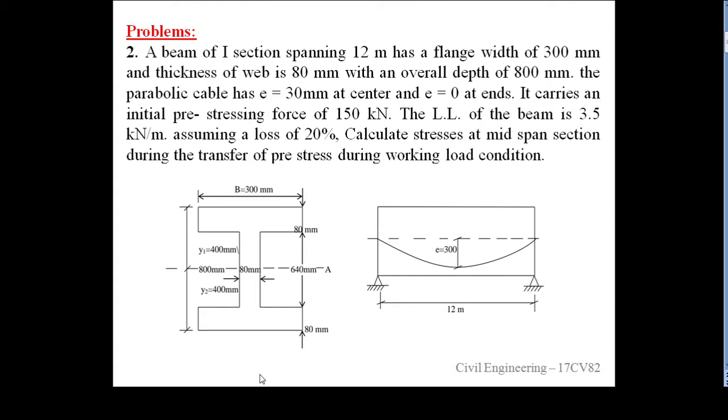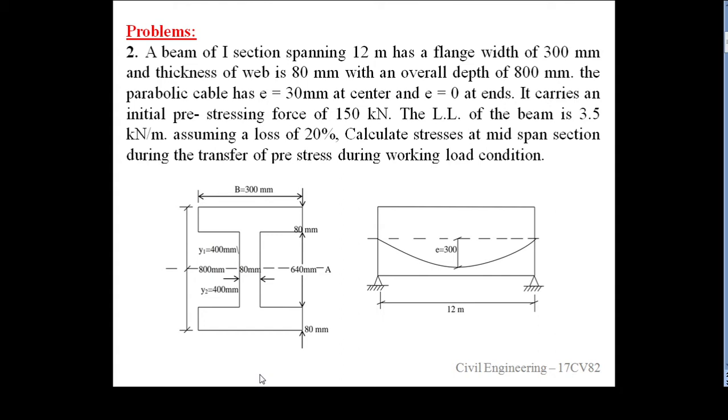A beam of I section spanning 12 meters has a flange width of 300 mm and thickness of web is 80 mm with an overall depth of 800 mm. The parabolic cable has e equal to 300 mm at center and e equal to 0 at ends.